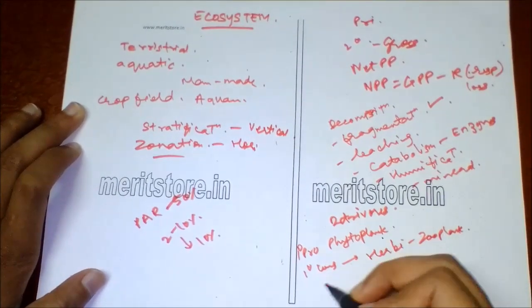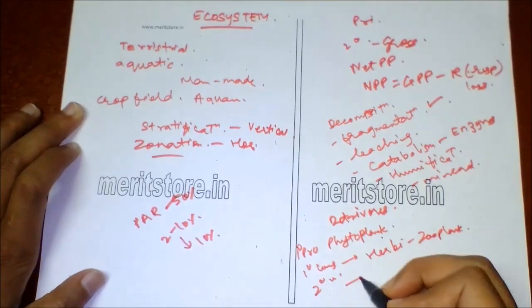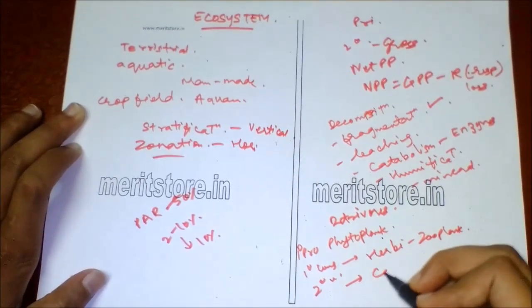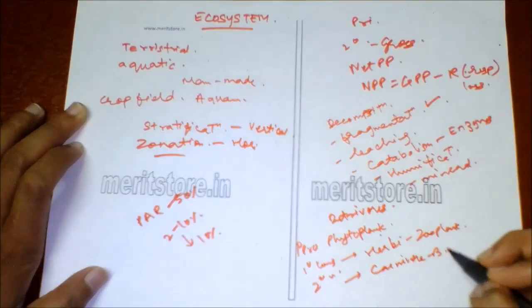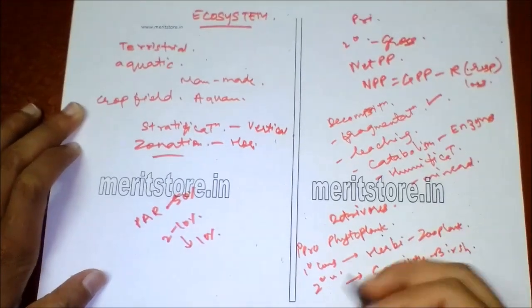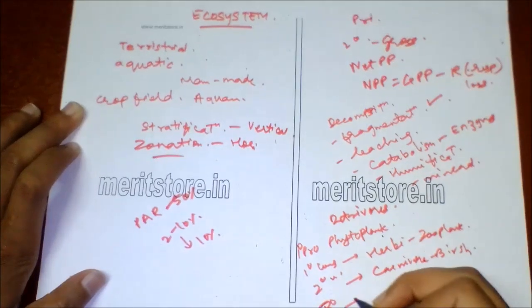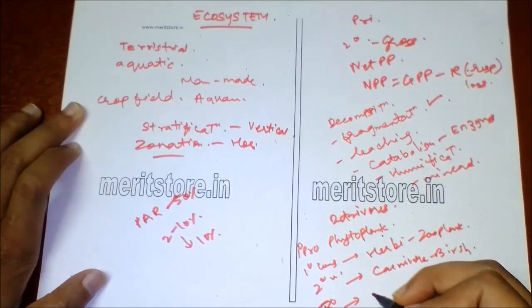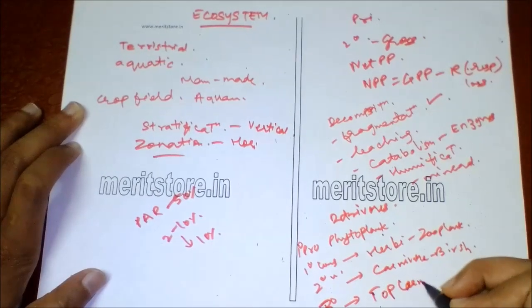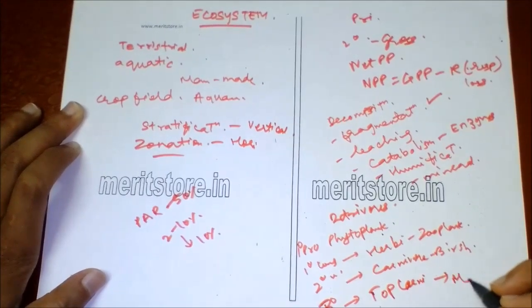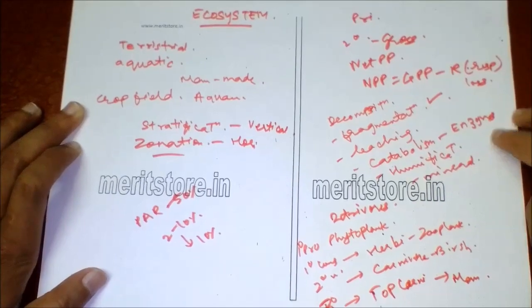Then come secondary consumers, which are the third trophic level or carnivores, which are birds, fish, and wolf. Tertiary consumers are the fourth or top trophic level, the top carnivores, which include man, lion, and peacock.